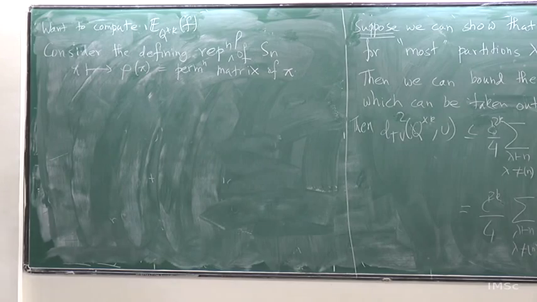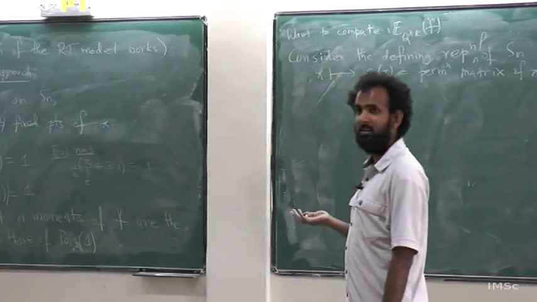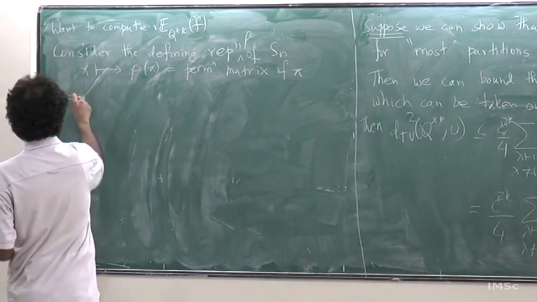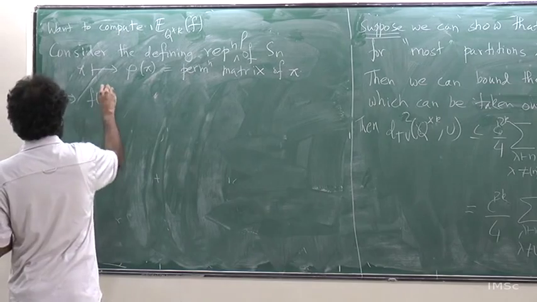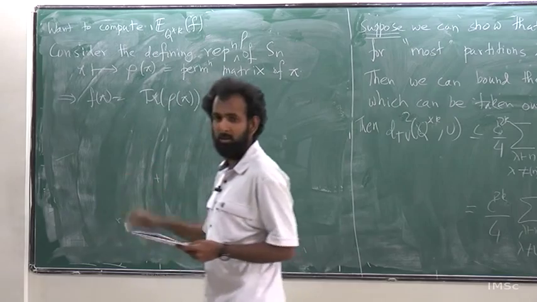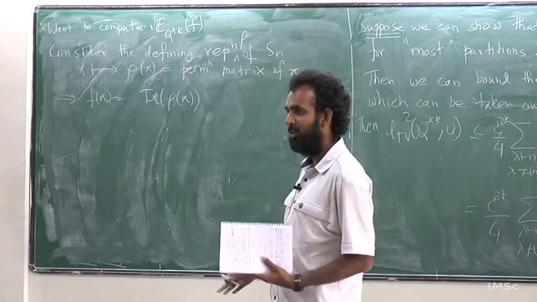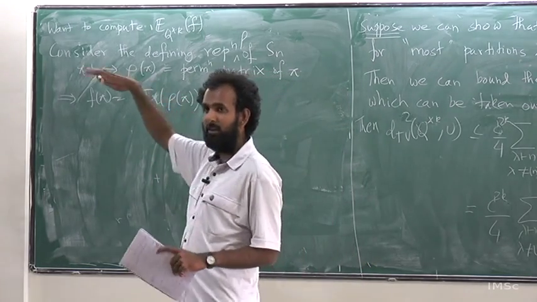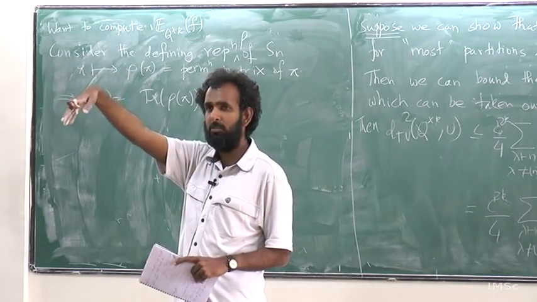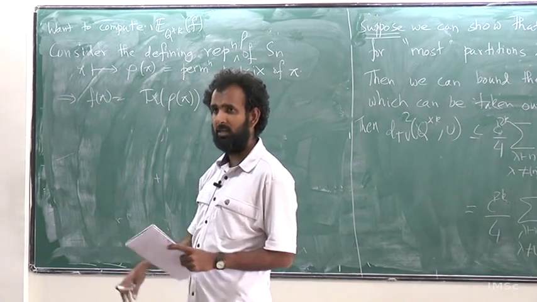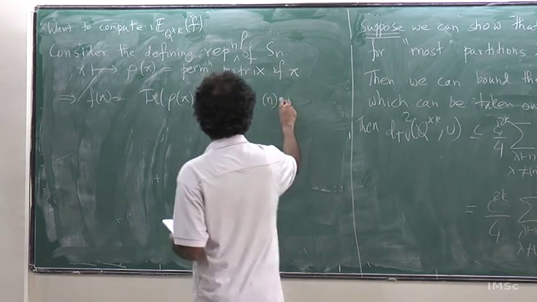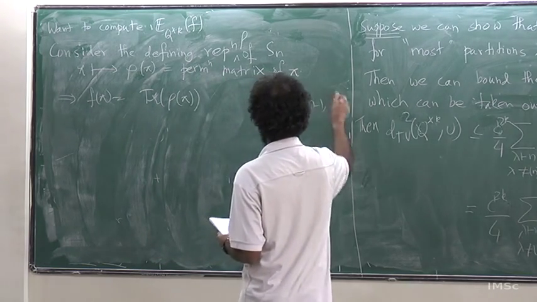In terms of the permutation matrix, what is it? It's the trace, right? So f of pi is the trace of rho of pi. Now, using the fact that the defining representation, which Murli proved maybe in the first class, splits as the trivial plus the standard representation, corresponding to the partitions (n) plus (n minus 1, 1).